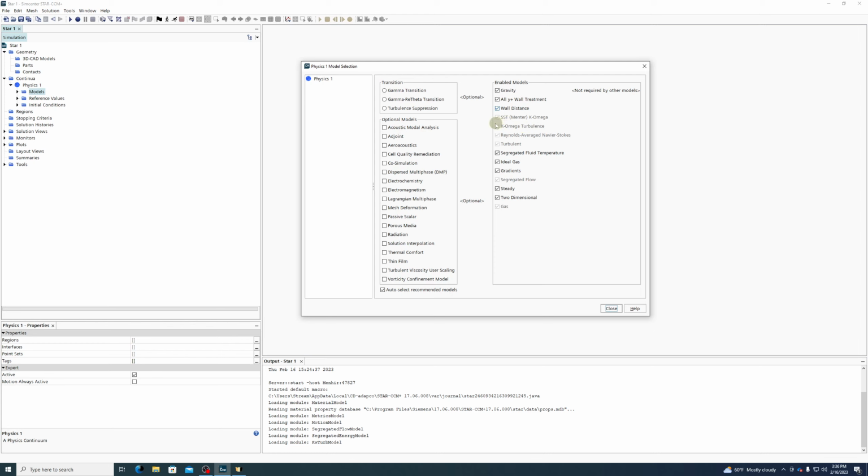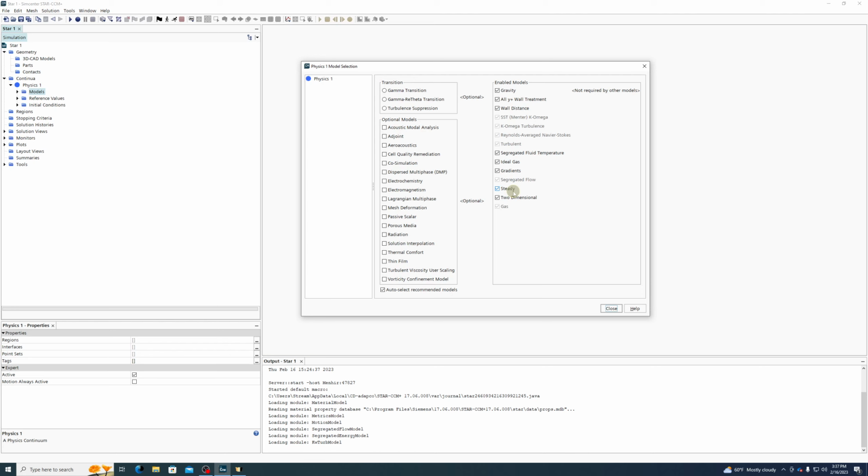These various other things, it selected automatically. All Y plus wall treatment we talked about in class. Wall distance we talked about in class. And it's using these to model turbulence. Usually, if it automatically selects something, it's probably right. Unless you have a very good reason to override it, I recommend leaving those alone.